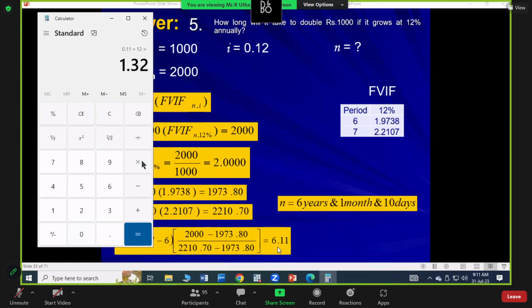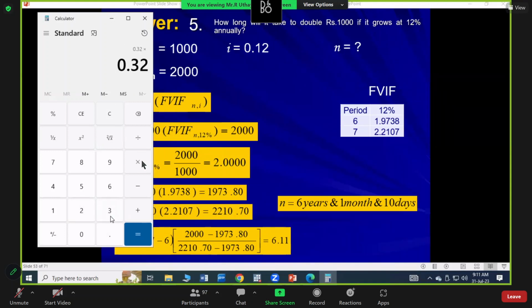So if you take 6.11, 6 indicates the years. 0.11 indicates the year again. You want to convert 0.11 year into months by multiplying by the months in a year. So you can get 1 month out of this. Then the other difference is there, that is 0.32.